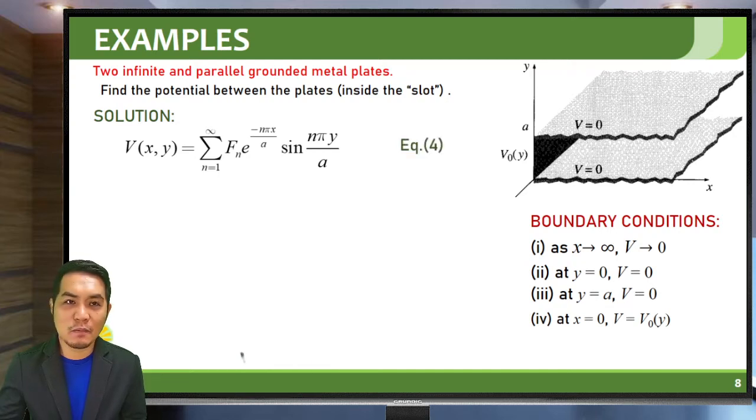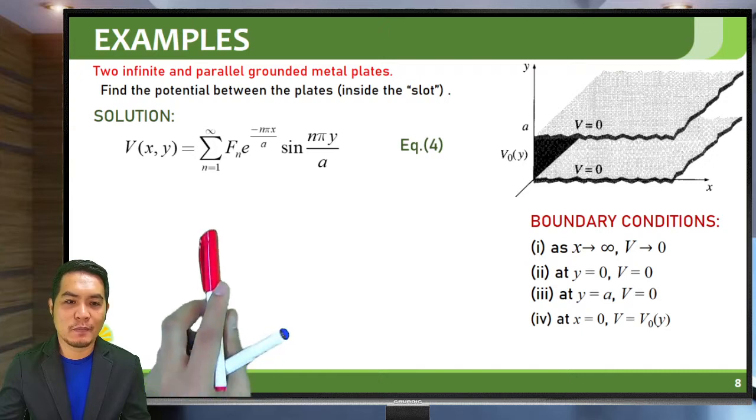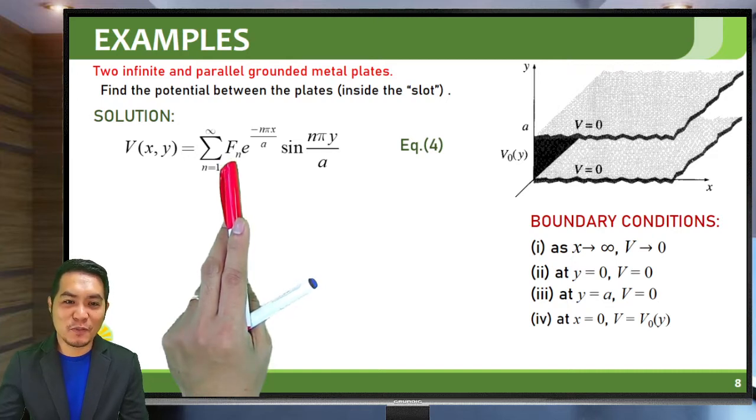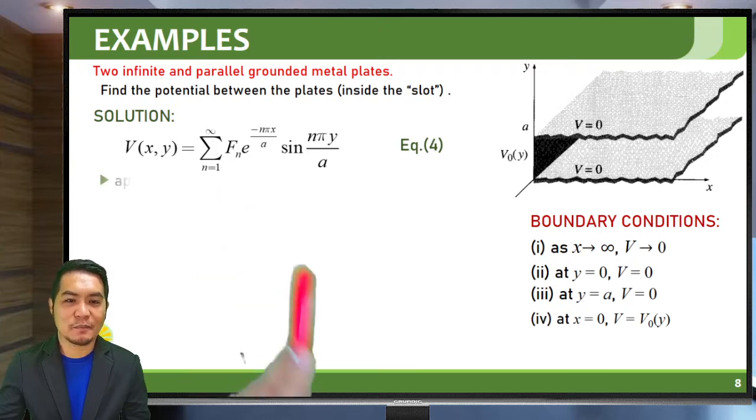So this is now our most general solution, the linear combination of all the possible solutions. So we sum it all. So the f here, instead of one value, we now have to solve for the many values of f: f1, f2, f3, f4. So these are now what we call the linear combination coefficients. So how do we now solve for the different values of f sub n?